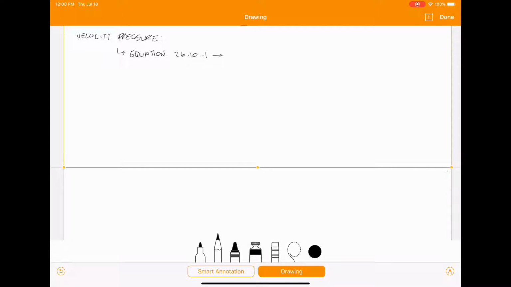That equation says that your velocity pressure at some height above the ground z is equal to 0.00256 times Kz times Kzt times Kd times Ke times your basic wind speed squared.